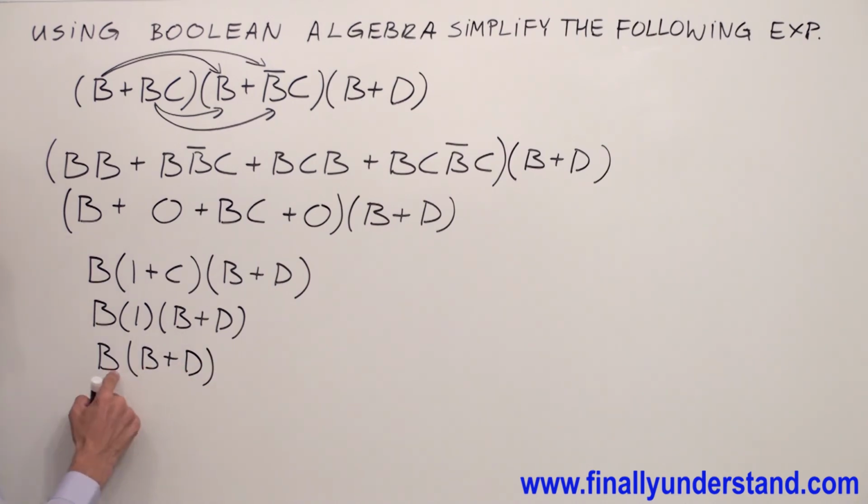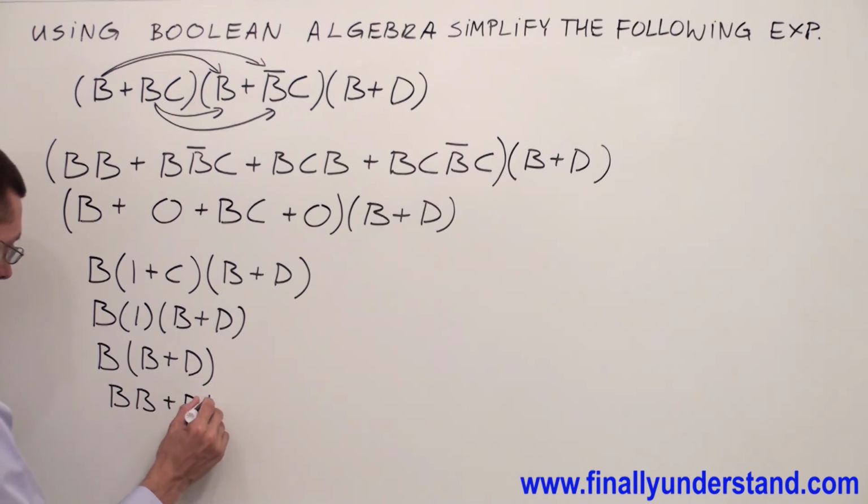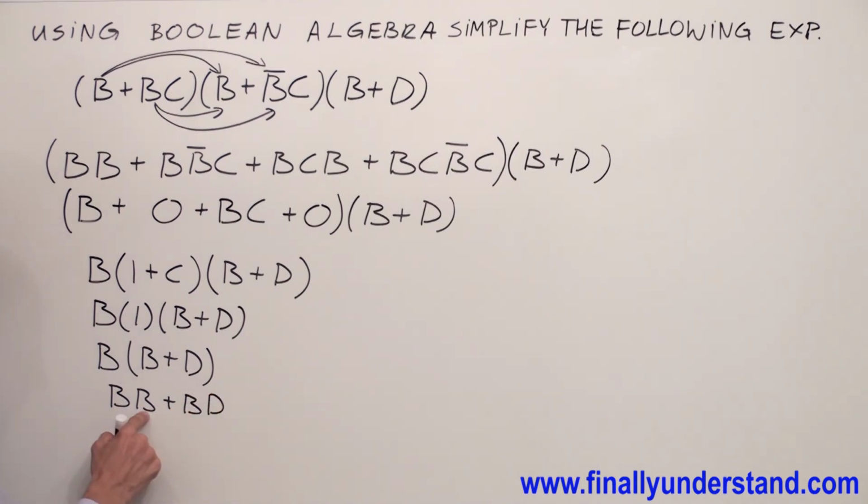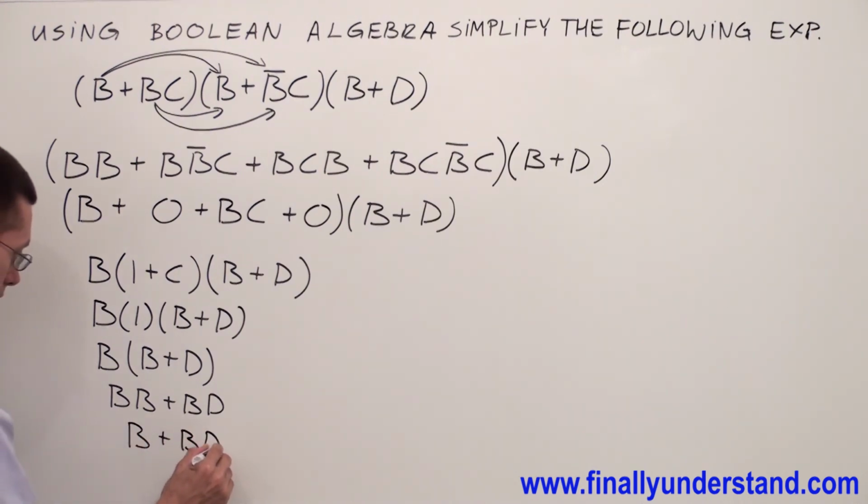I'm going to distribute this b into the parentheses. I'm going to have b or bd. b and b is always b, or bd.